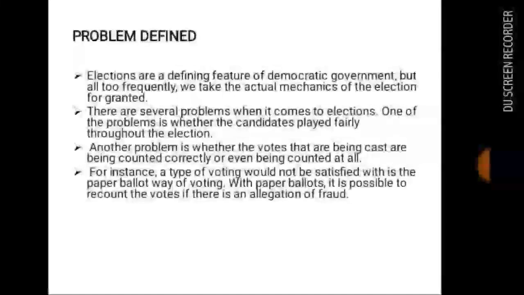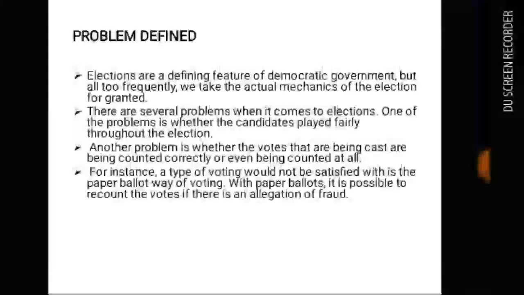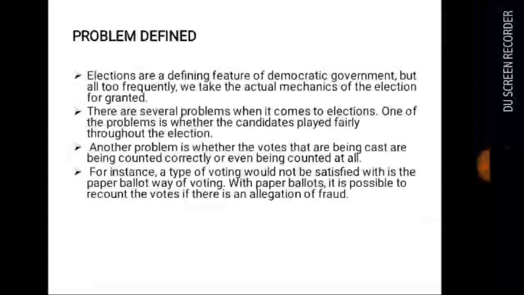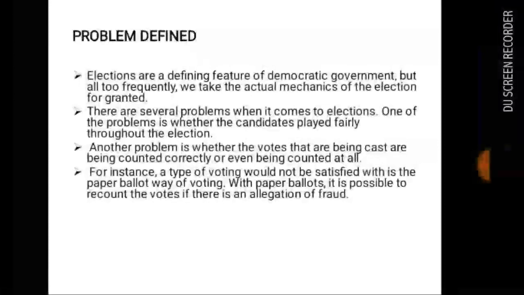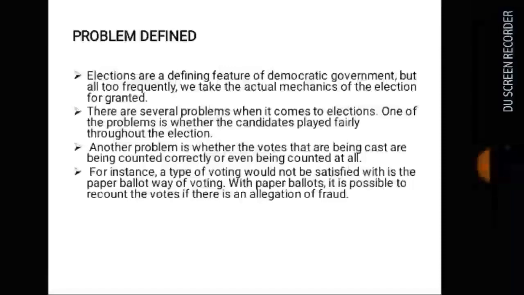Another problem is whether the votes that are cast are being counted correctly or even being counted at all. For instance, a type of voting one would not be satisfied with is the paper ballot way of voting. With paper ballots, it is possible to recount the votes if there is an allegation of fraud.